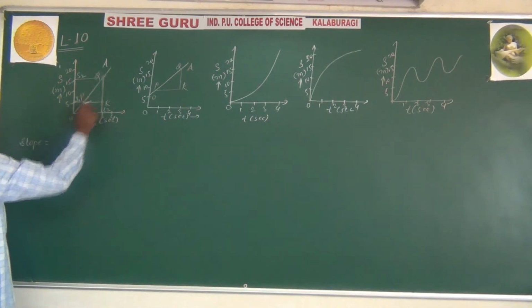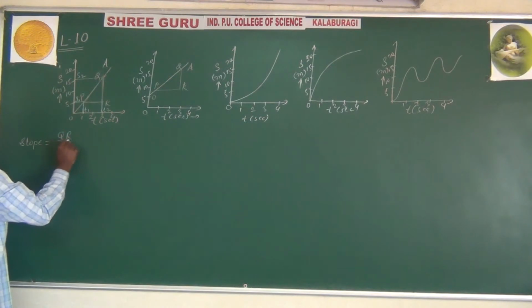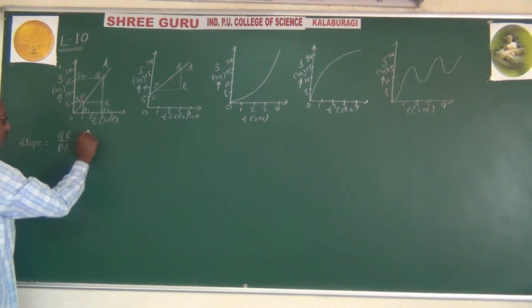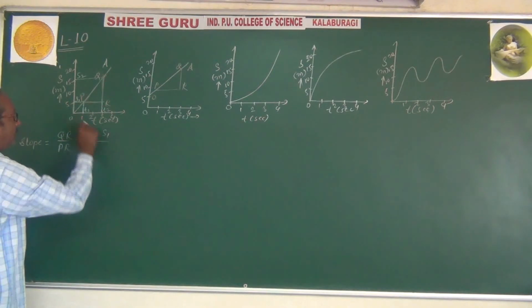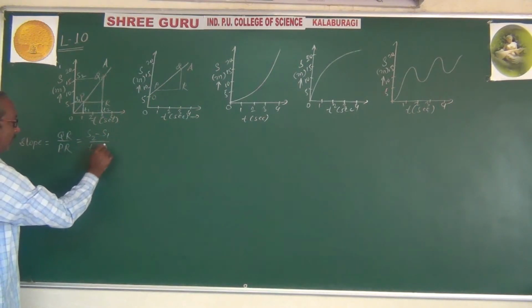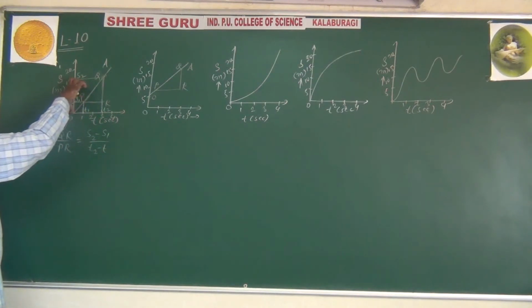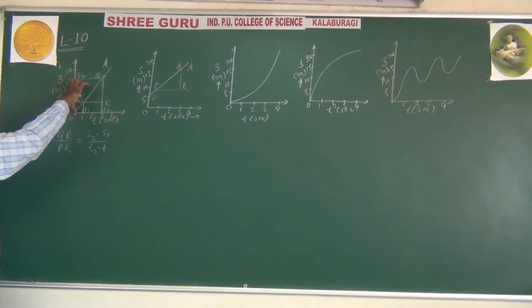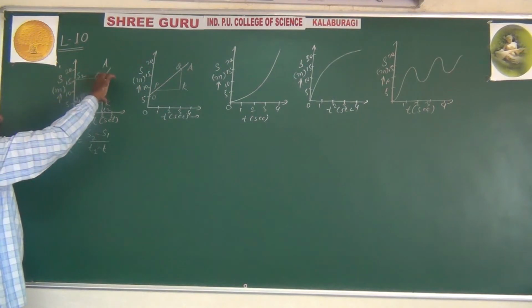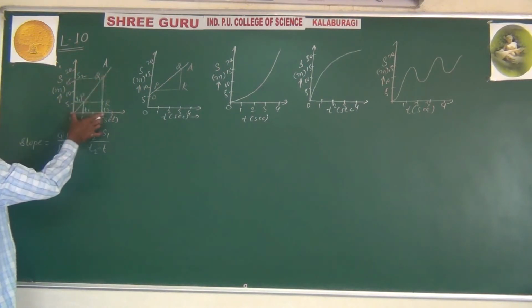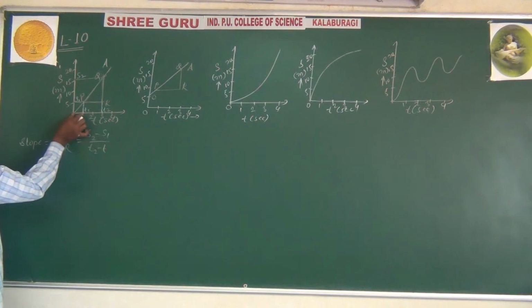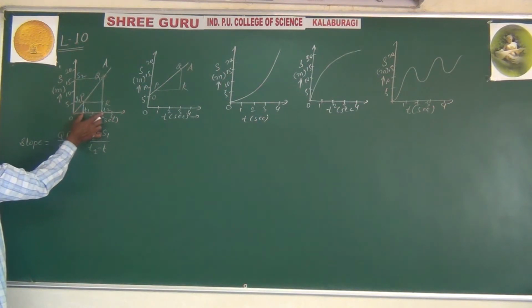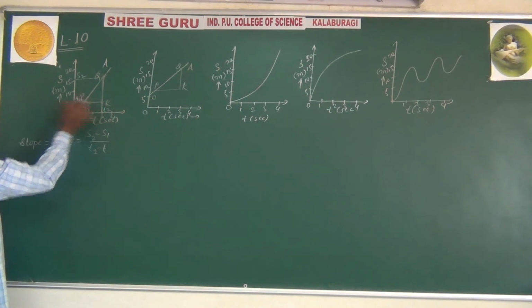Here the opposite is QR, divided by the adjacent PR. QR is nothing but S2 minus S1, divided by T2 minus T1. The total distance is S2, this one is S1, so S2 minus S1 gives this portion, QR. Similarly the total time is T2, this is T1, and the remaining T2 minus T1 is equal to PR.